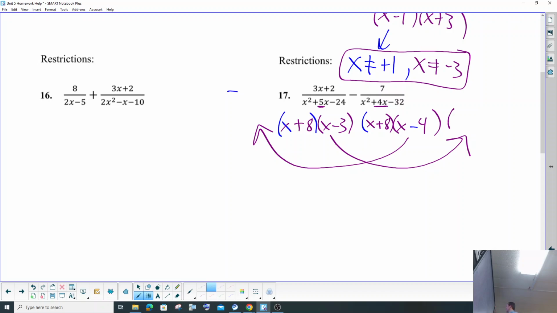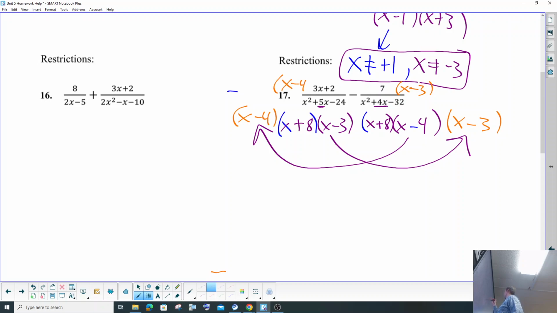So this gets an x minus 3 to the top and bottom. And then on this side, this one gets an x minus 4 to the top and bottom.